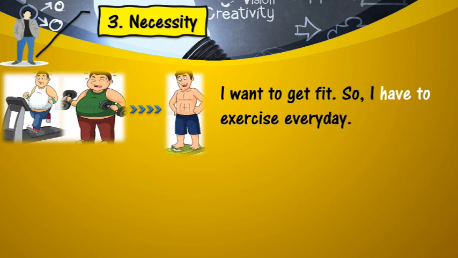You can see that the man in the picture is a bit fat, so it is necessary for him to exercise every day if he wants to get fit. So to express necessity here, we use the modal verb have to.